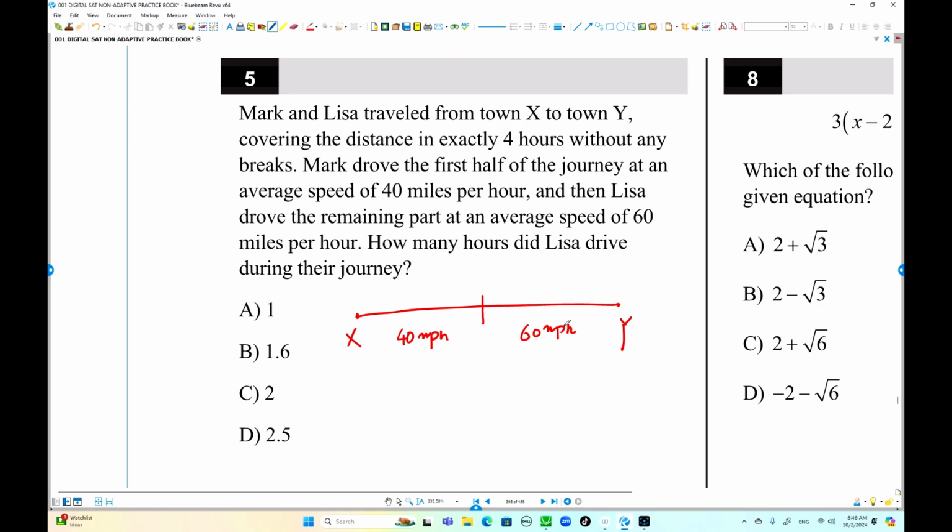Okay, this is for Lisa. All right, what's the question? How many hours did Lisa drive during the second half of the journey? The hours are T1, T2. So we're going to find the value of T2 in the second half traveled. Okay, how to solve this one? We have another constraint over here, right? 4 hours total. T1 plus T2 equals 4 hours.